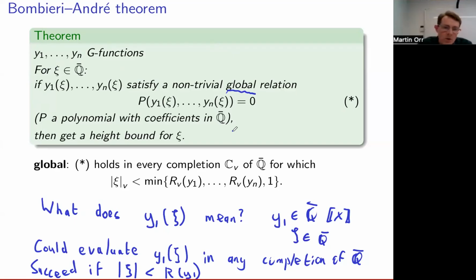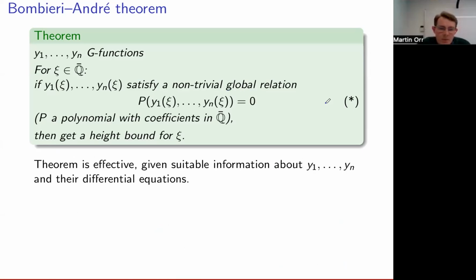Right. So this is the theorem that André used originally in first thinking about applying G-functions to families of abelian varieties. This is a theorem that we're going to use when we apply them to a curve in an abelian variety. And now let's talk a little bit more about how we set things up in order to apply this theorem.